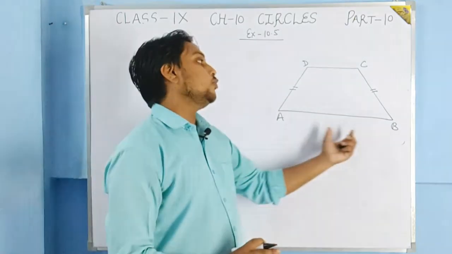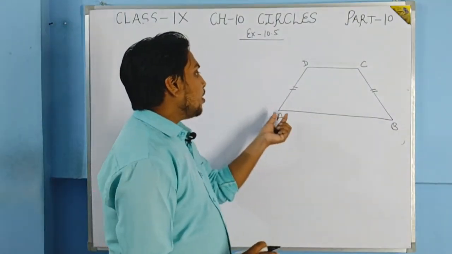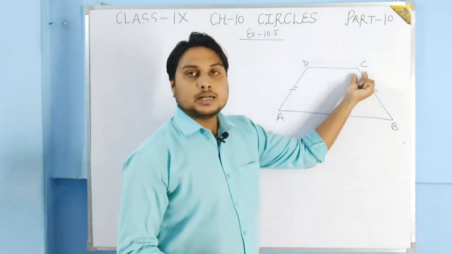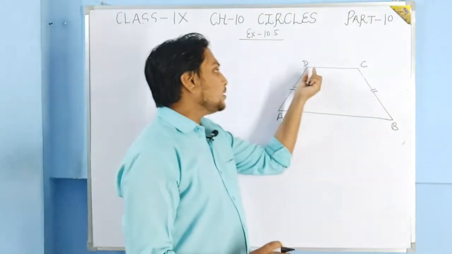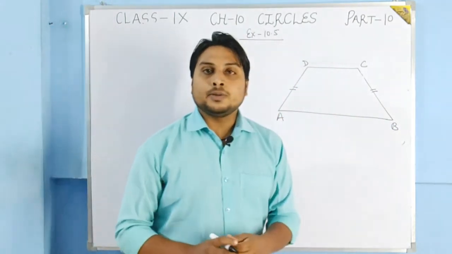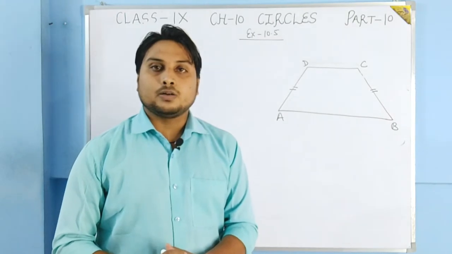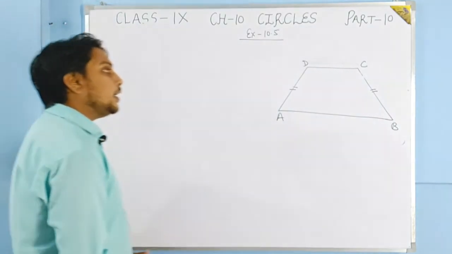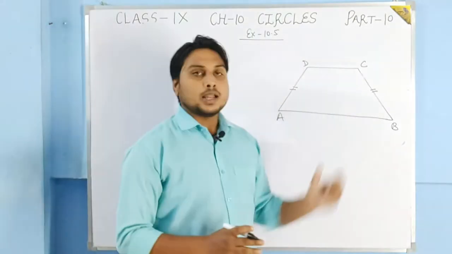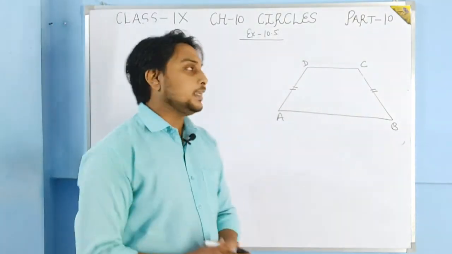So if somehow we show that either A plus C is equal to 180 degrees or B plus D is equal to 180 degrees, then automatically it will be a cyclic quadrilateral. So our target is to show that the sum of its opposite angles is 180 degrees.